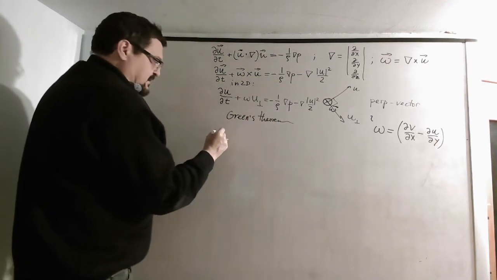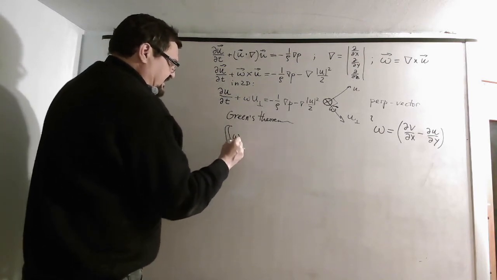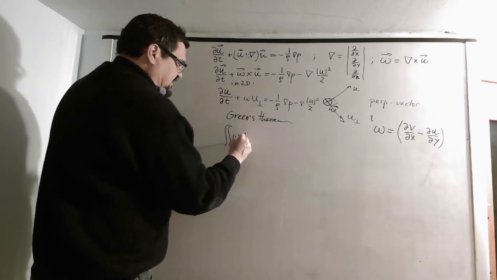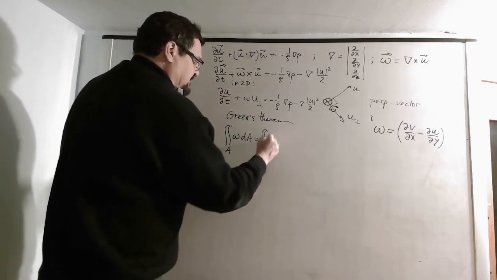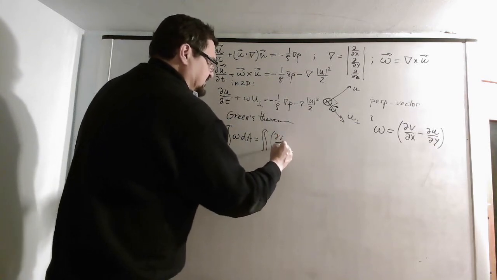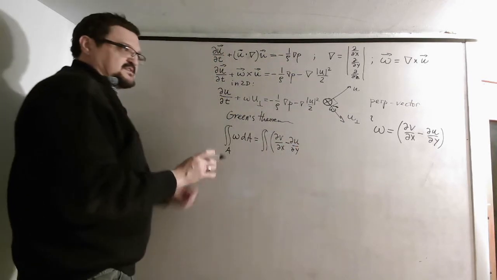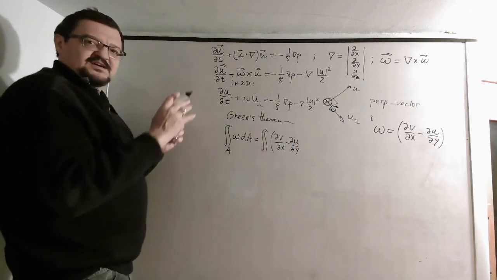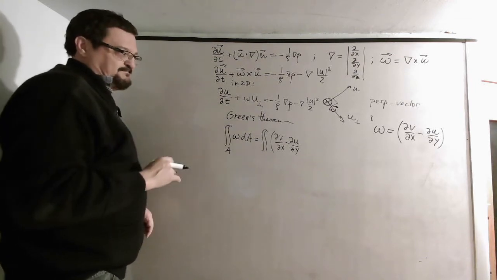So we will just write the integral of omega dA over this area A, which is just the integral of dv/dx minus du/dy, and this area A is just some grid area associated with this velocity, some small area on the grid.